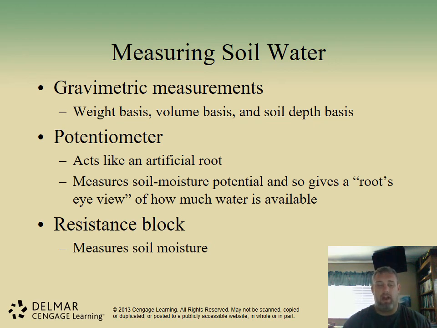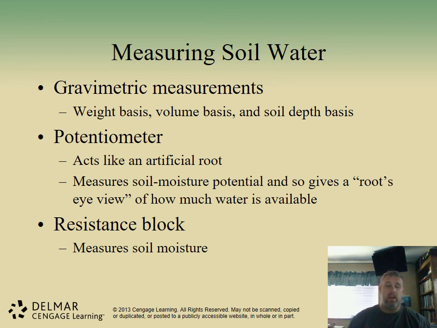The potentiometer is basically like an artificial root. It is put into the ground and simulates the action of a root trying to suck up the water, and can determine if it is being resisted by forces that the soil is putting on the water.